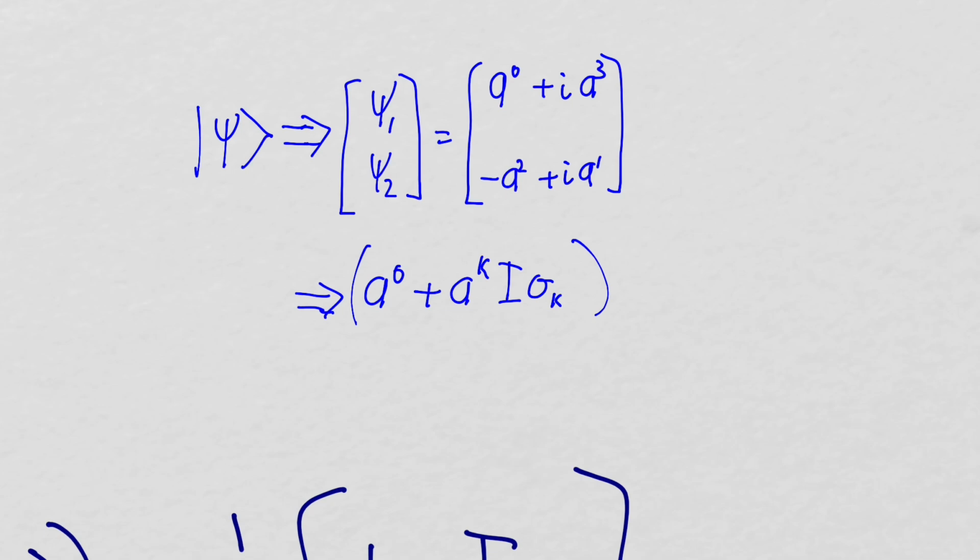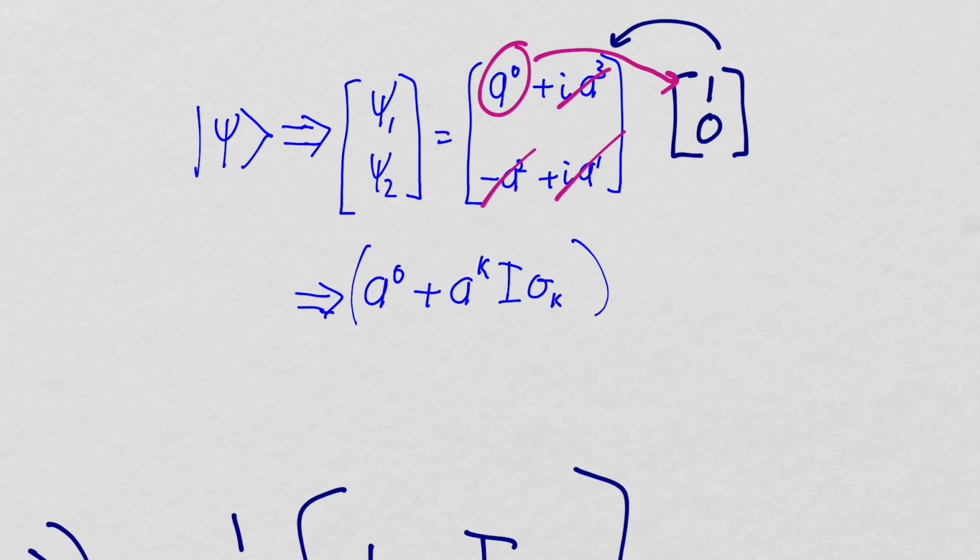Now, the way I'm going to do this is I'm going to say, oh, okay, so our Pauli vector for the up state is 1, 0, and then I map it into our little rubric here, and I say, well, A3 is 0. There's no complex part in the upper component, and there's no complex part in the lower component. In fact, there's nothing in the lower component, which leaves me with just A0, and A0 is actually 1.